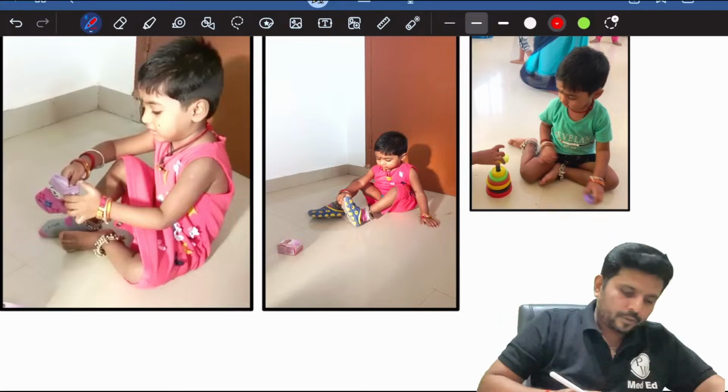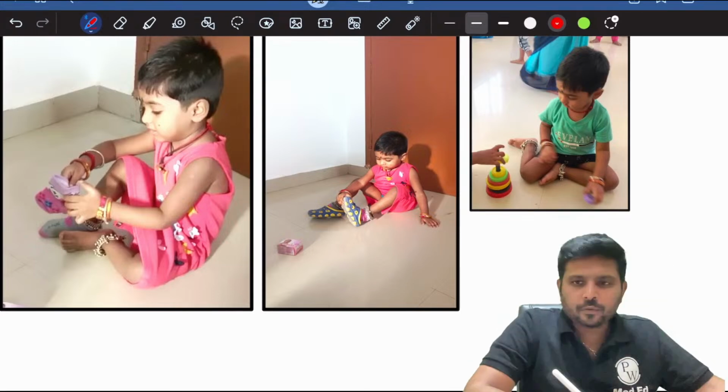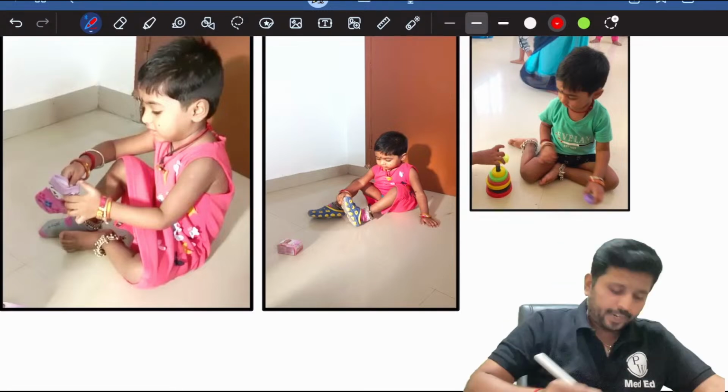Then what is this? Put shoes. Look at this. What are all the other things that the child is doing? Trying to put shoes and socks.